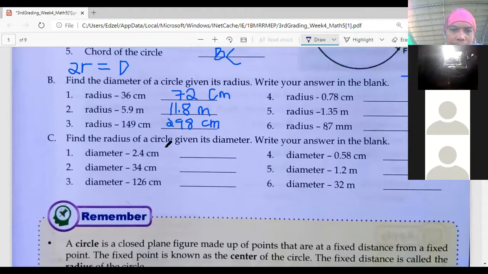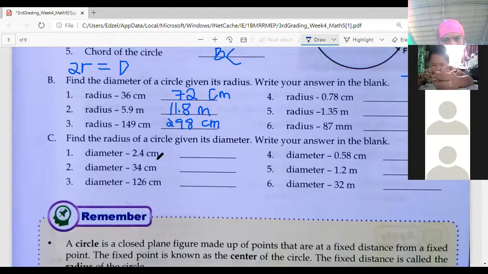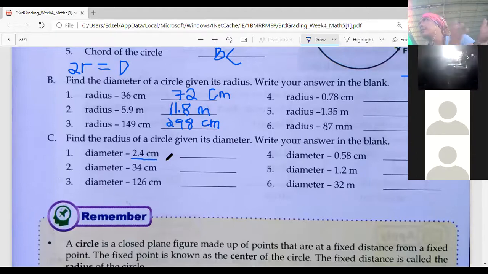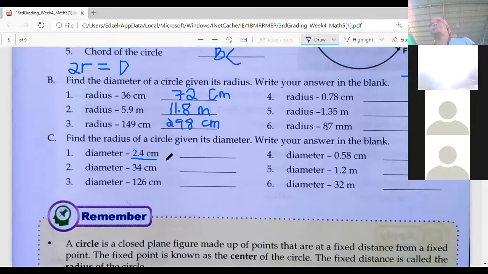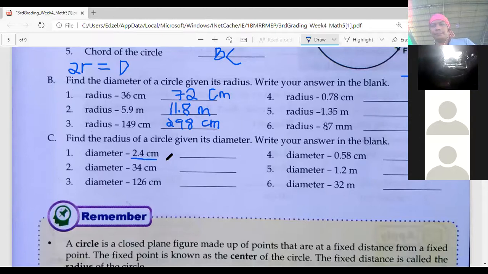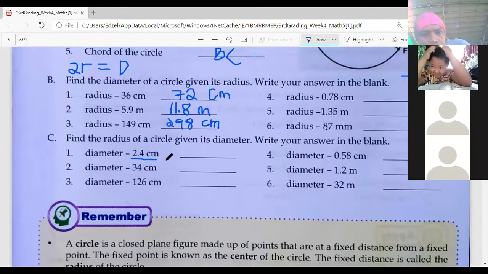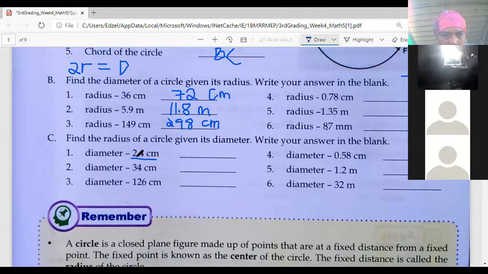Find the radius na pod na given ang diameter. Baliktad. Write your answer in the blank. Kani, pila kaya ang radius? Baliktad na, diameter ang given, kuhaon mo ang radius. Instead of times 2, divide nimo ni og 2.